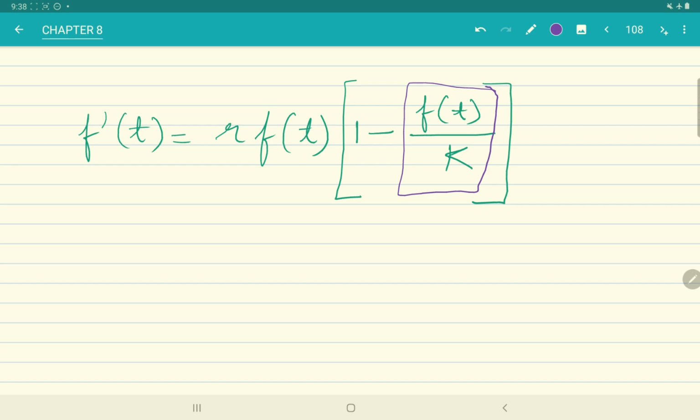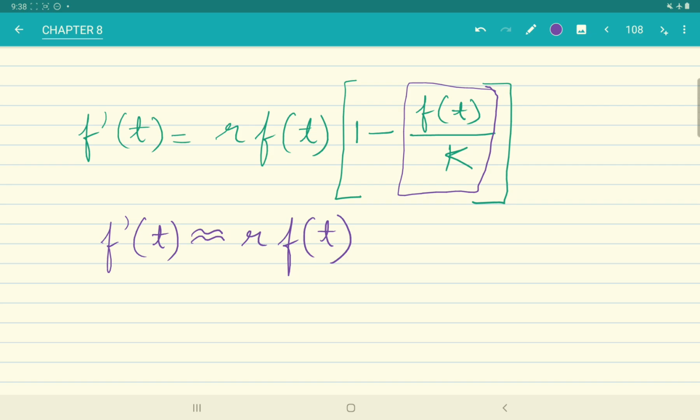And that means I can say that f prime t will be approximately equal to r f of t. So that means I can say that the population is increasing exponentially in an approximate sense.